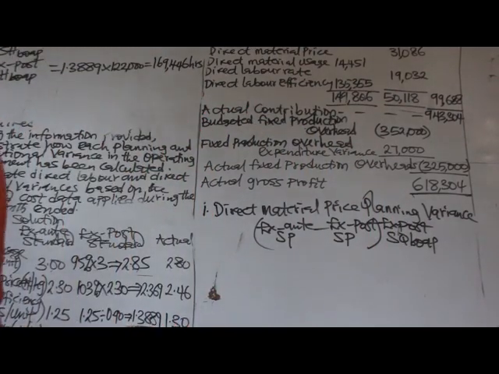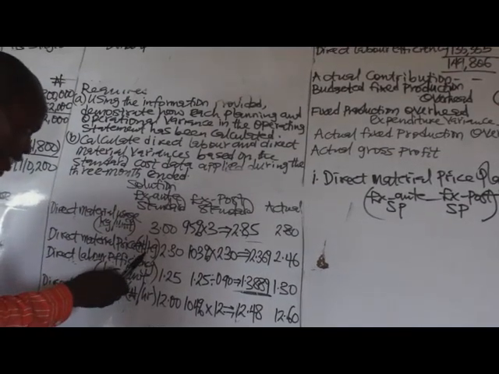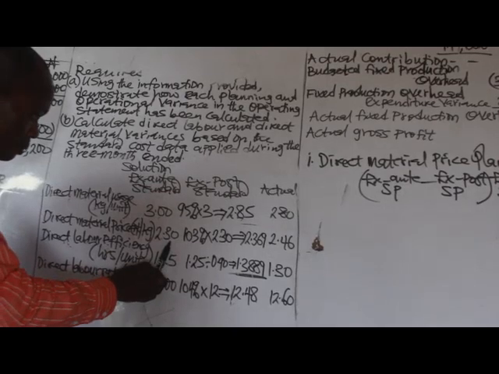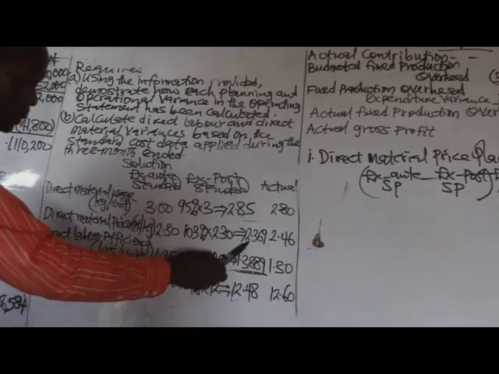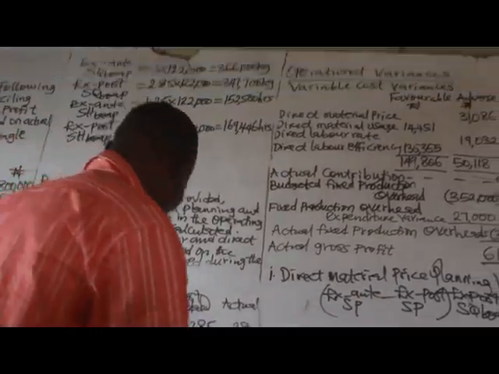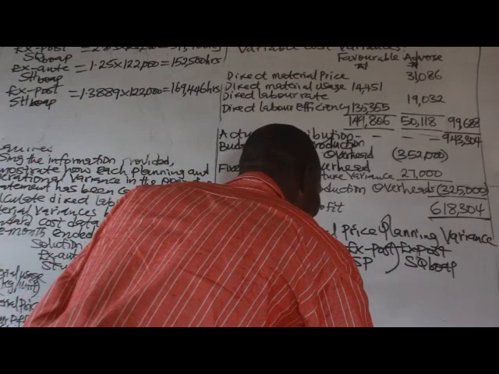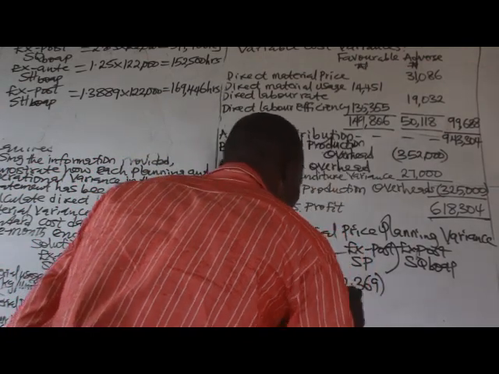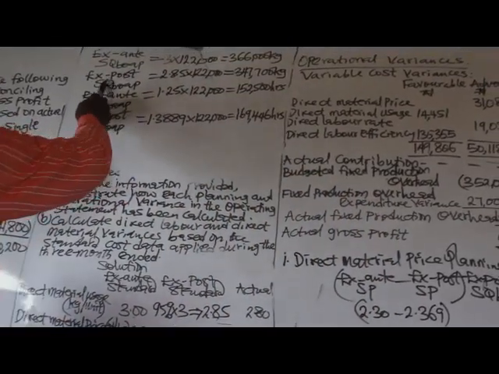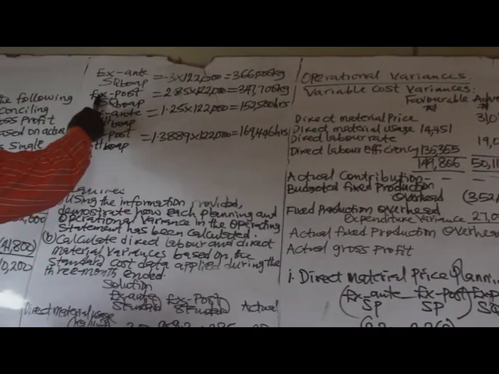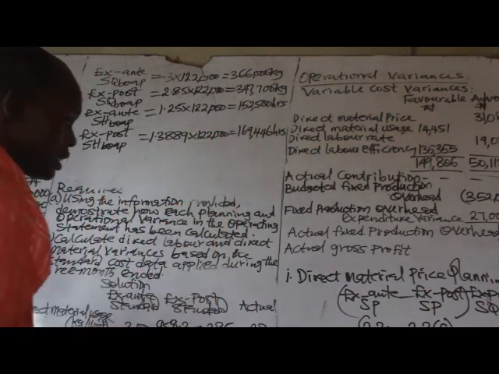For the standard price for direct material, we are given the direct material price, naira per kg. Ex ante is 2.3, while ex post is 2.369. So we have 2.30 minus 2.369, multiplied by the ex post standard quantity based on actual production, which we have calculated as 347,700 kg.